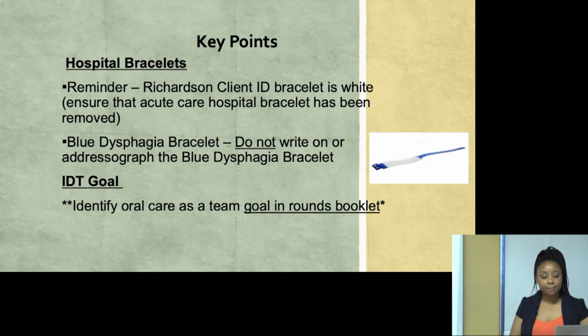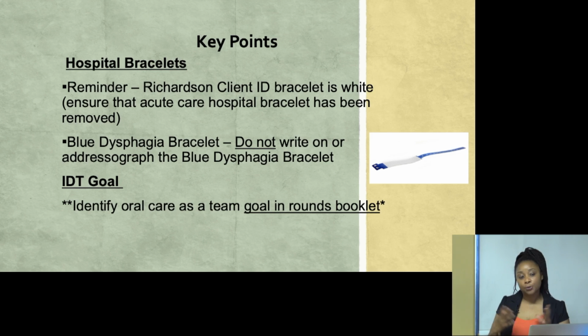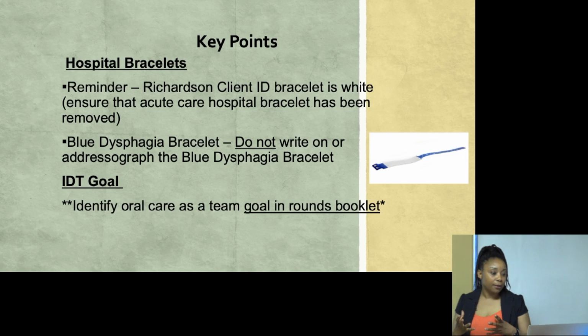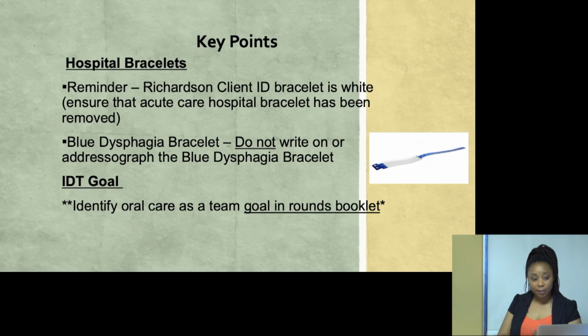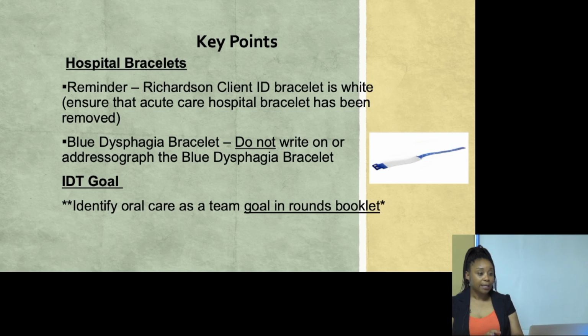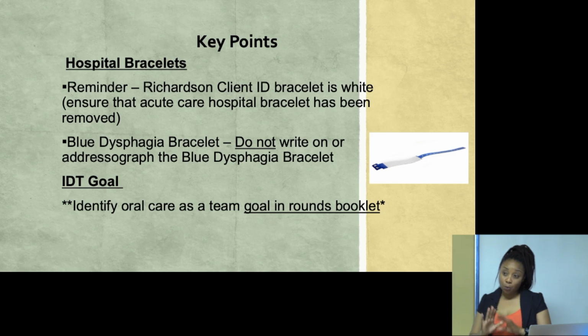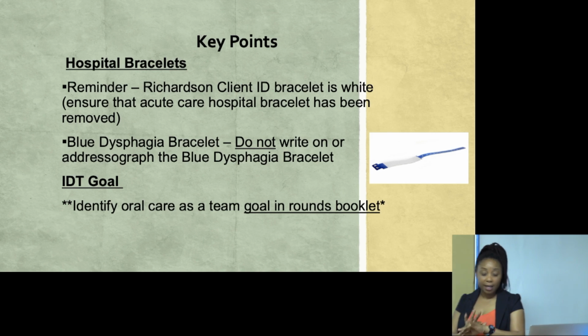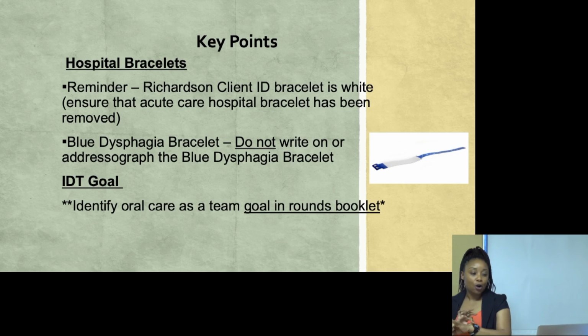We do have some measures in place to remind us of our high-risk patients. So we have hospital bracelets. Here at the Richardson, our client ID bracelet is white, but the dysphagia bracelet is blue. We don't put any name or any texture on that bracelet.